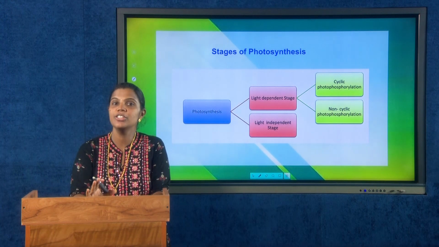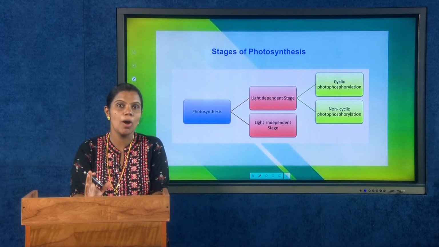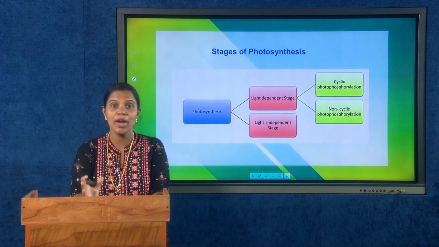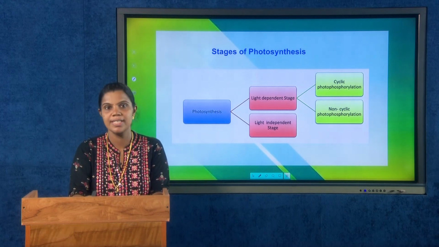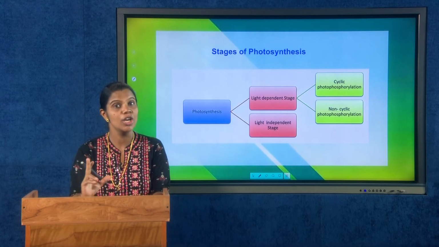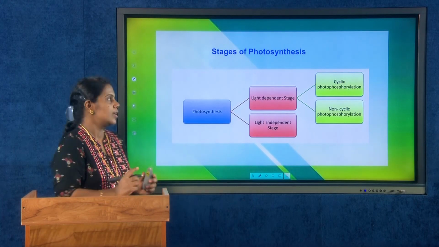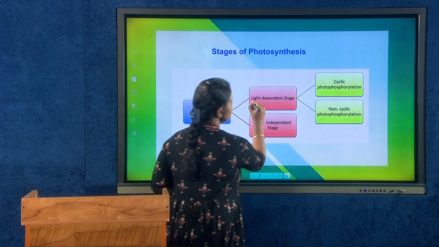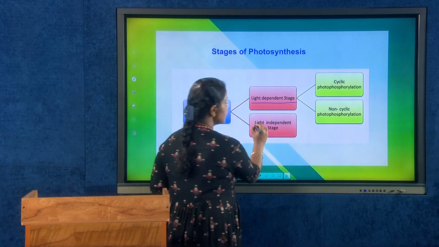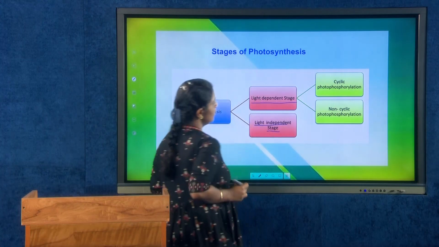Now, we are moving on to the very important part of photosynthesis, that is the various phases involved in photosynthesis. Photosynthesis is categorized into two stages. The first stage is the light dependent stage and the other one is the light independent stage.